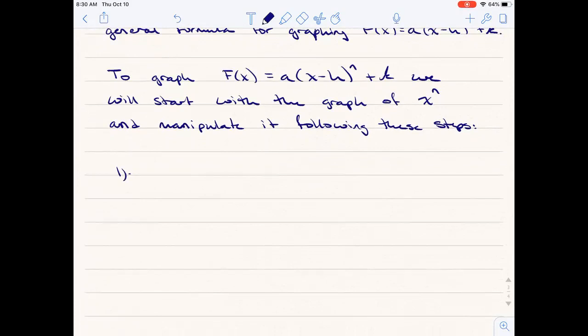So what we're going to accomplish is to move from y equals x to the power of n to y equals x minus h to the power of n, and what that looks like on the graph.